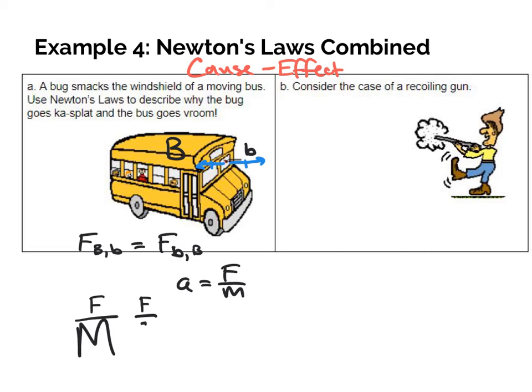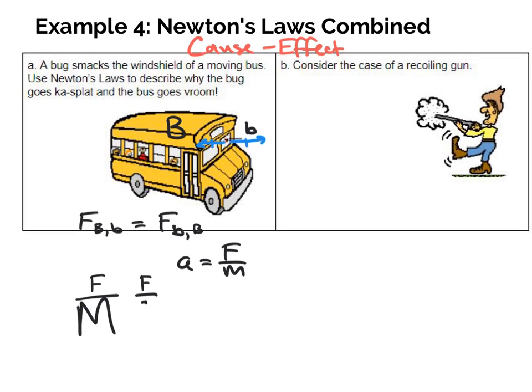Now if I take the force, whatever that value is, and divide it by a huge mass, I'm going to get a very small acceleration, okay? But if I take that same force and divide it by a very, very, very small mass, I'm going to get a huge acceleration.